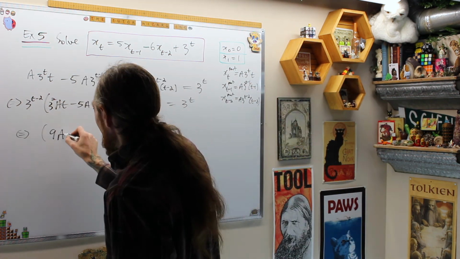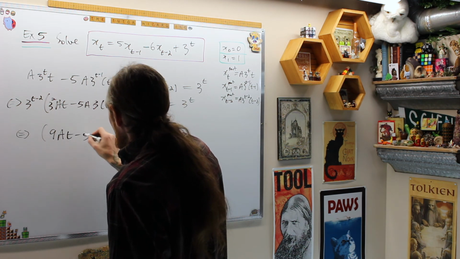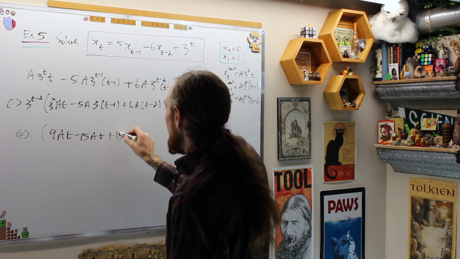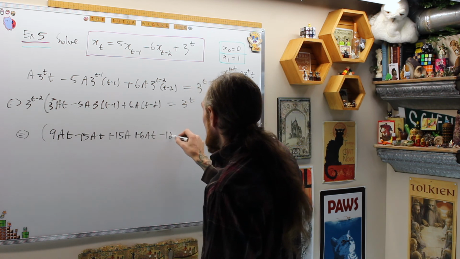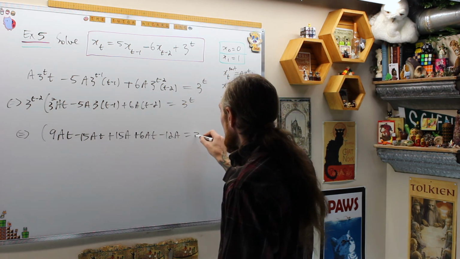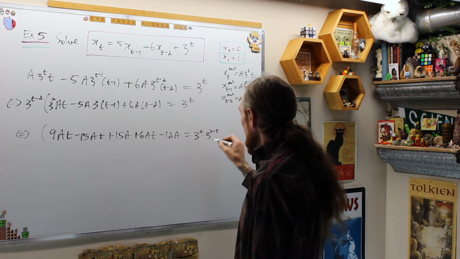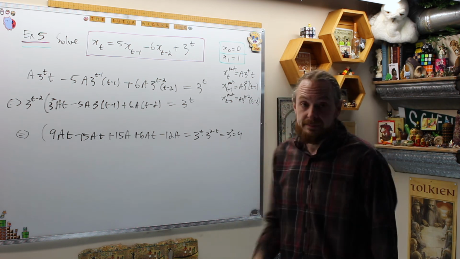That's going to give me 9at minus 15at plus 15a plus 6at minus 12a equals 3^t times 3^(2-t), which is 3 to the 2, which is 9.